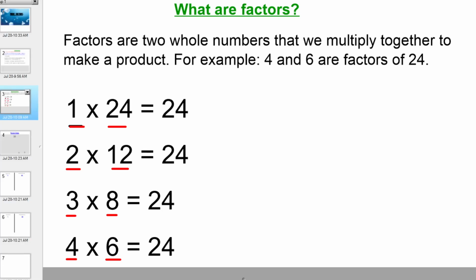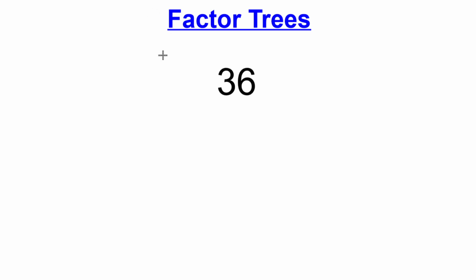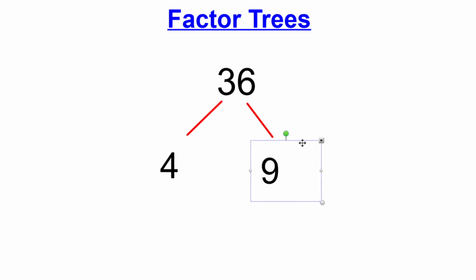Okay, so now that we've revised factors, let's have a look at factor trees. I'm going to use the example of 36 here, and you'll be able to see how a factor tree is different to a prime factor tree. So in the number 36, I can multiply 4 and 9 to get 36.